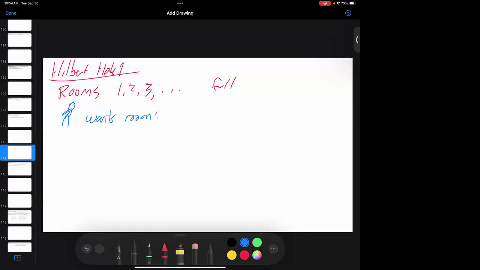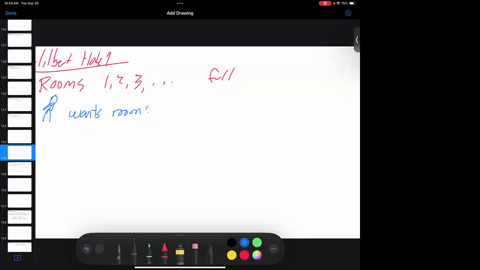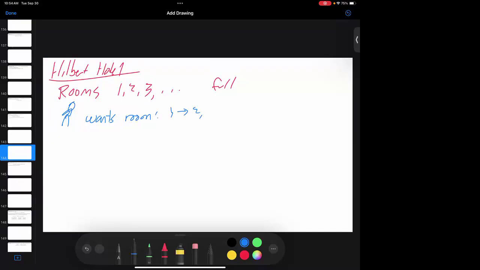You think, wait a minute, if I've got infinitely many rooms and everything is filled, there's no way to satisfy this person. So you move 1 to 2, you move 2 to 3, you move 3 to 4, and you've just freed up room 1. And so now the person can come in.